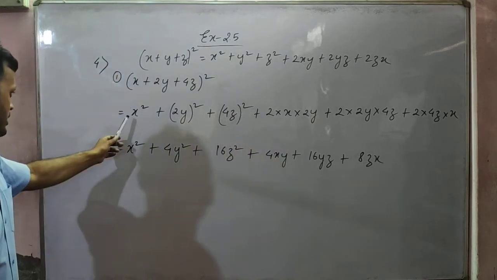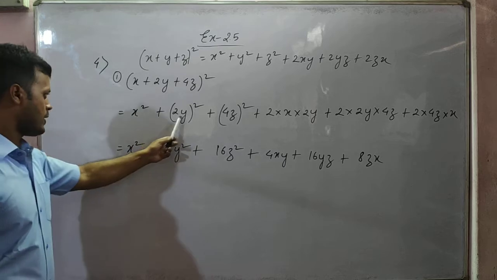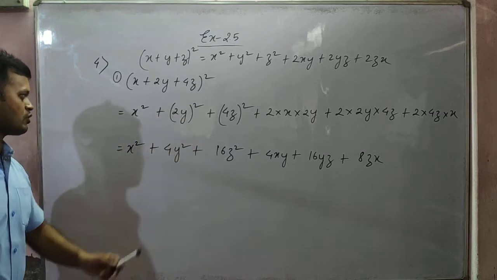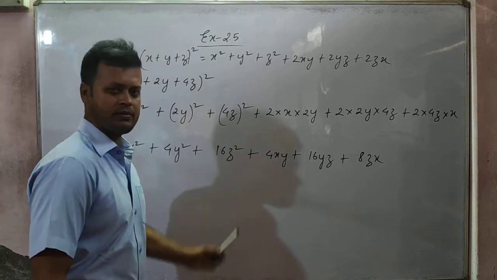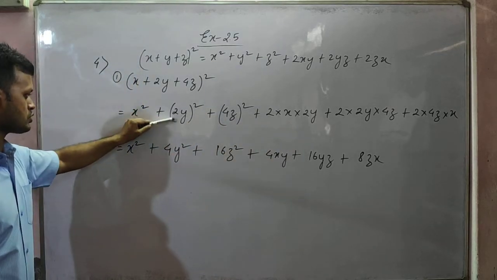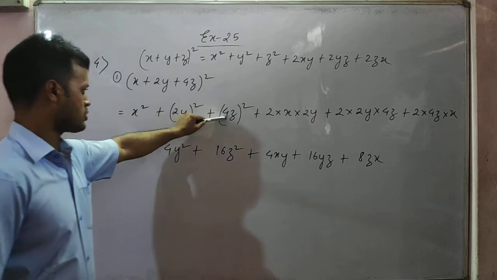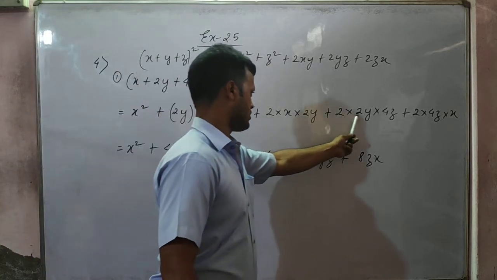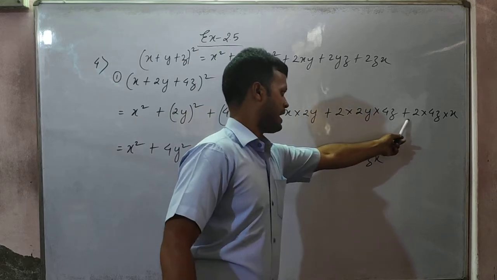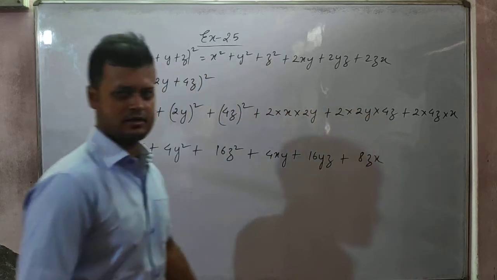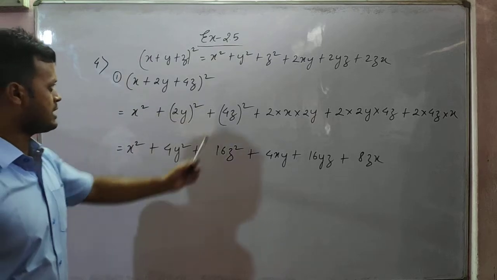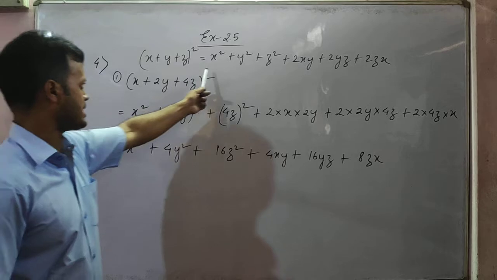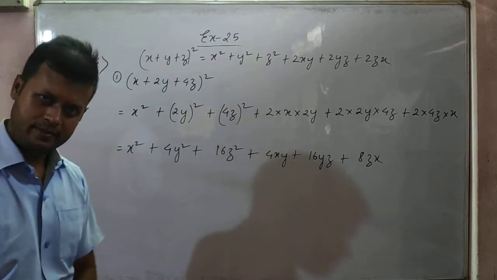For x square I will write x square only. (2y) whole square will become 4y square. (4z) whole square will become 16z square. 2 square is 4 and y square, 4 square is 16 and z square, and 2 into 2 is 4, 4xy, 2 into 2 into 4 is 16yz, and 2 into 4 is 8, 8zx. This one and this one are absolutely the same form, isn't it? So I will directly use this formula.